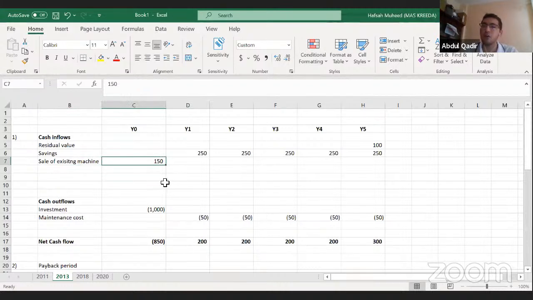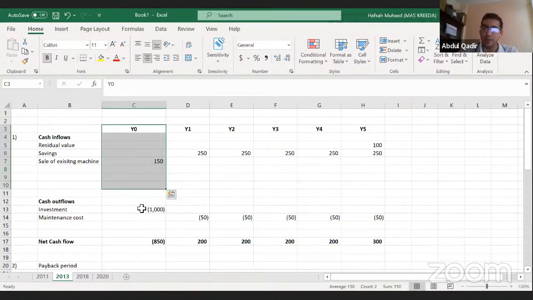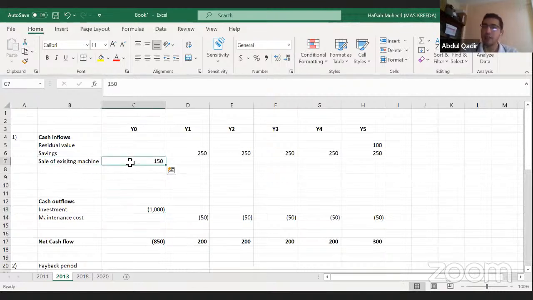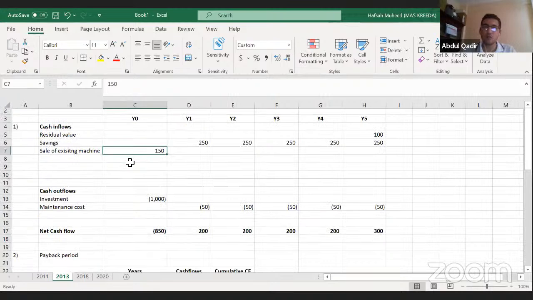Why don't we deduct that from the cost? No, that is not part of the cost of the machine. That is just part of year 0 as an outflow. Cost of the machine is only 1,000. If you have transportation cost or installation cost, include that. Don't include sale of existing machine. That is just another income for you. So be careful of those small errors.